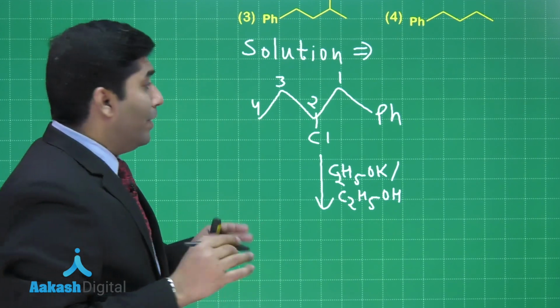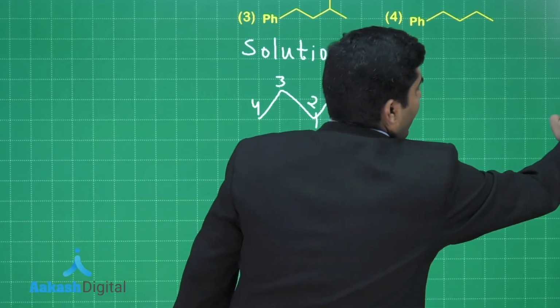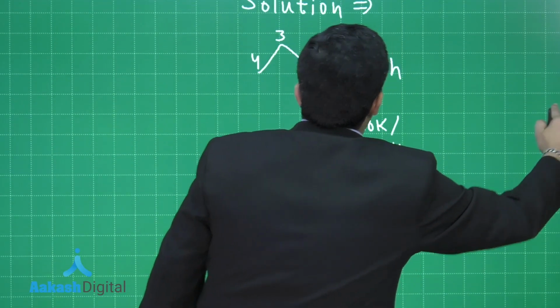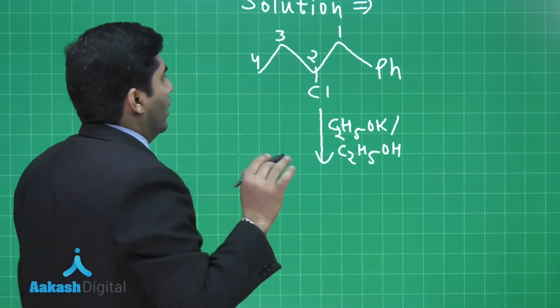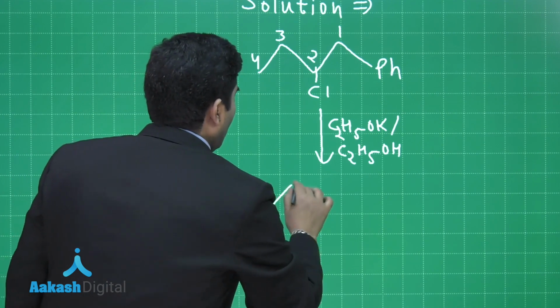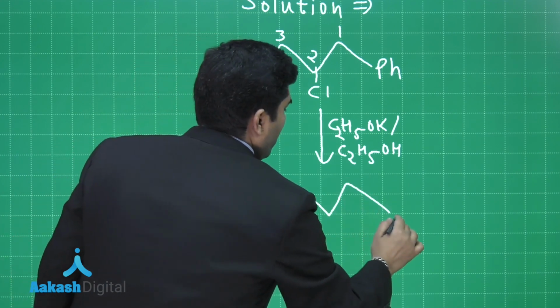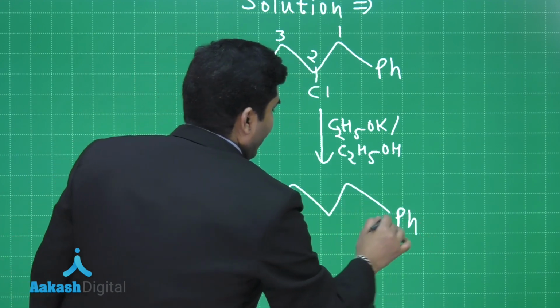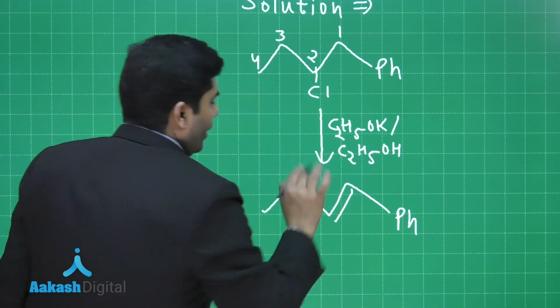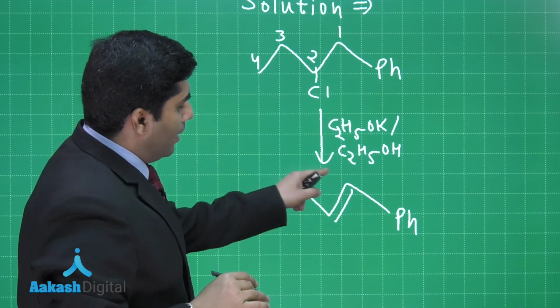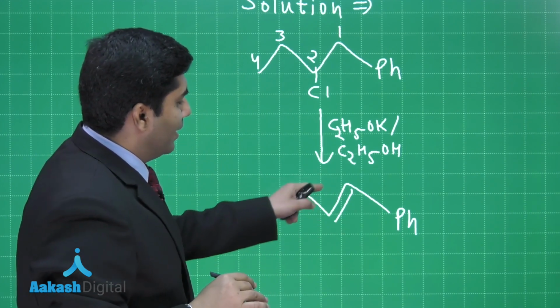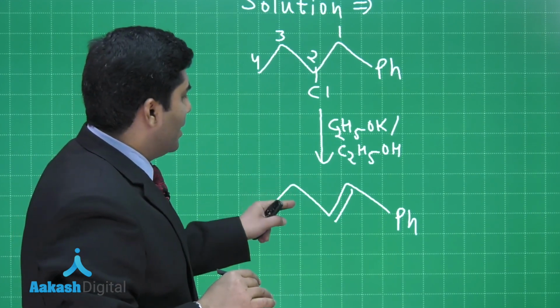Definitely elimination will take place, and in elimination we have to check the product should be stable. So this is the benzene ring, and if this will be the product, this double bond is in resonance with the benzene ring, right? So that is a stable product.